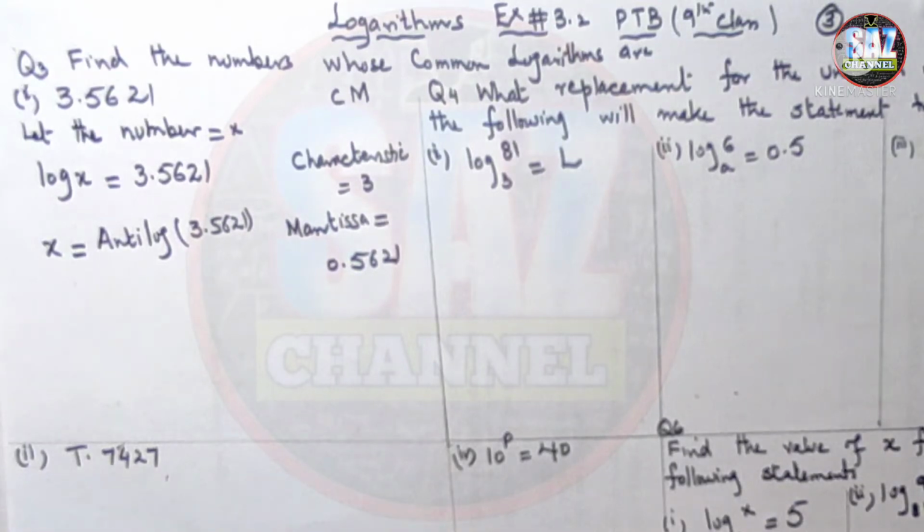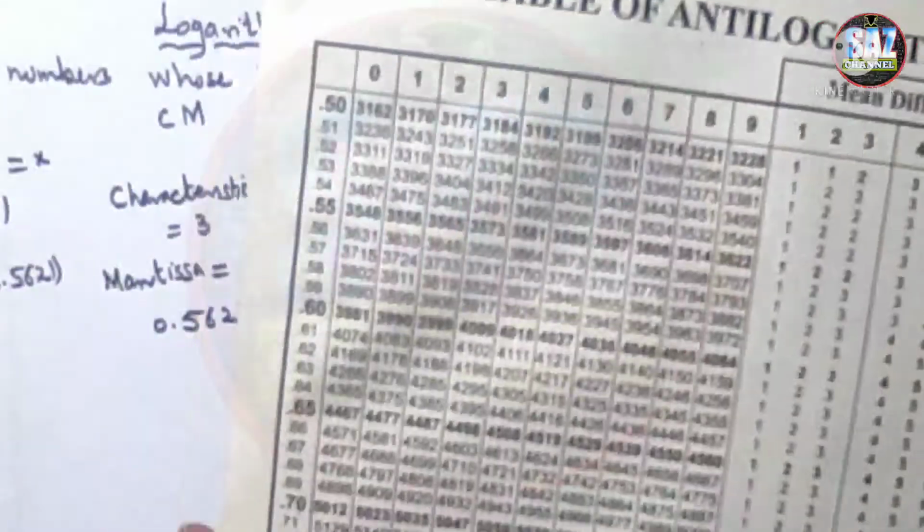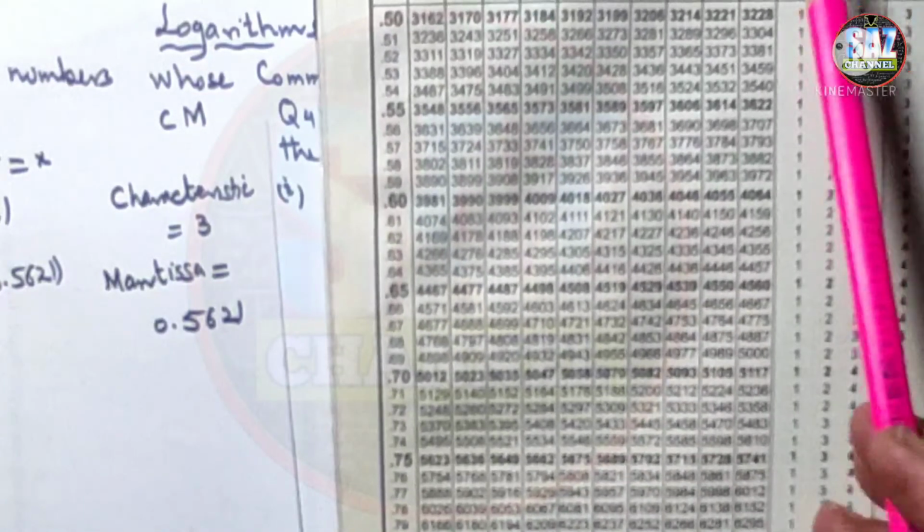So let me keep my book under the camera so that I can show my students how to locate 0.56.